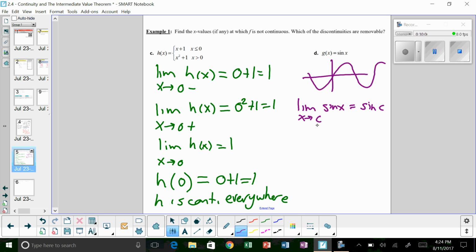That the limit as x approaches c, no matter what that x value is, it's just going to be the value, the y value of the curve. So no matter which point I pick, c, the limit is always just going to be the height of the curve, sine of c. So since this is true, g of x equals sine x is continuous everywhere. No discontinuities.